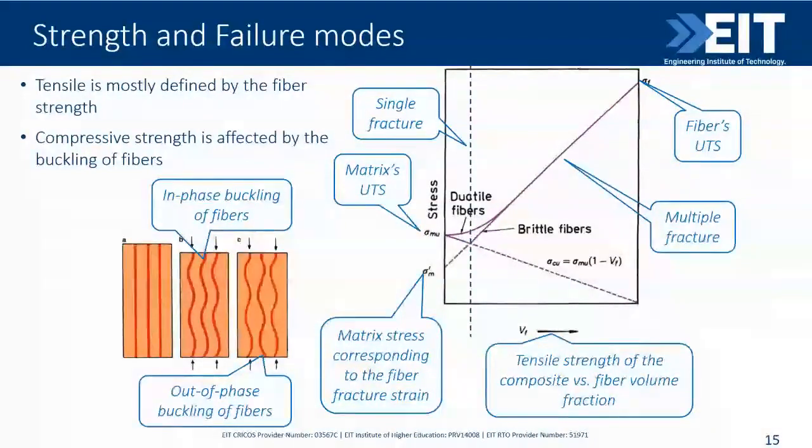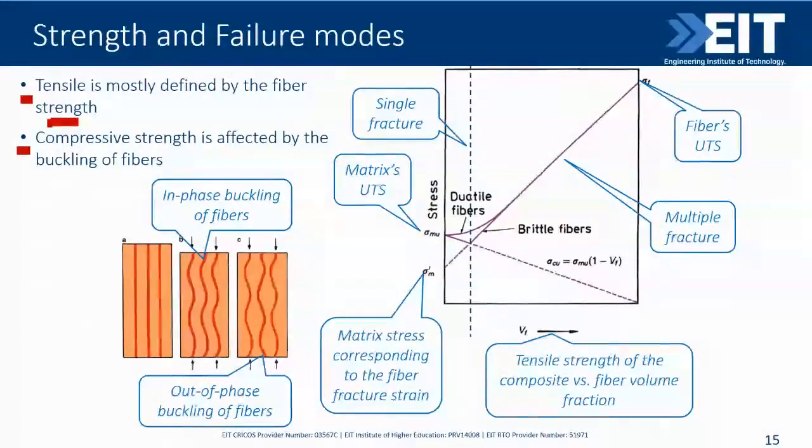When the one with the smaller fracture strain fails, the load is to be transferred onto the other one. All right. And we look at the tensile strength and compressive strength. Tensile is mostly defined by the fiber strength.